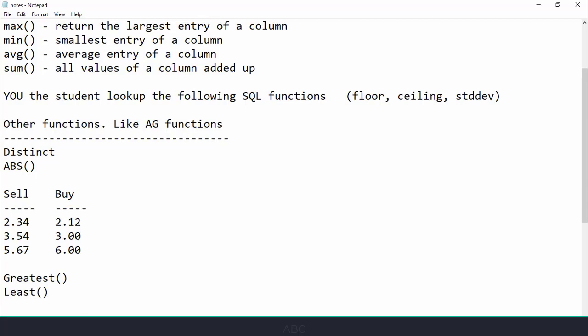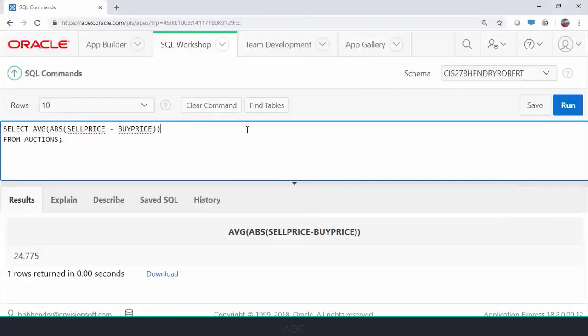If I want to look at the greatest between two values, I'll use a greatest function. If I'm going to look at the least between two values, I'll use the least function. Now what does that mean in English? It just means like here, I don't know which one's higher, the buy price or the sell price. One could be higher than the next. Hopefully we're selling for higher than we're buying, but we could be buying for higher than we're selling. So if I wanted to look at which one was higher or lower, I would use the greatest and the least functions.